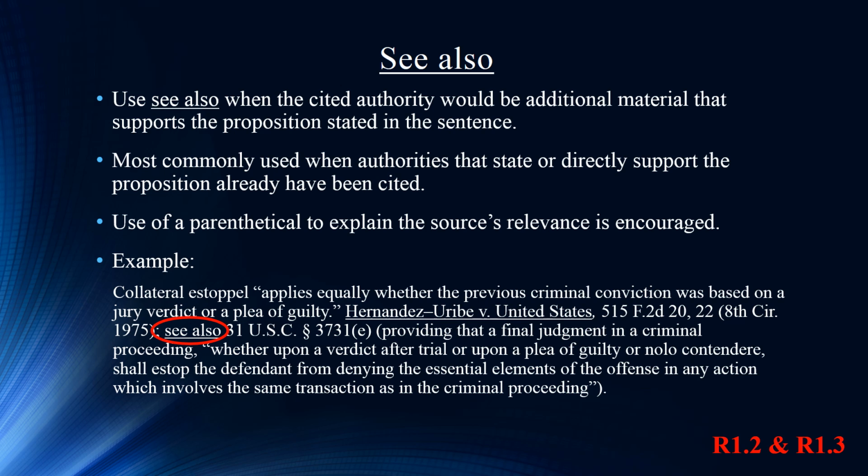Notice that See Also is separated from the other citation by a semicolon. The reason for this is that you do not need to start a new citation sentence if you are using a signal of the same basic type. Here, No Signal and See Also are both supportive types of signals.